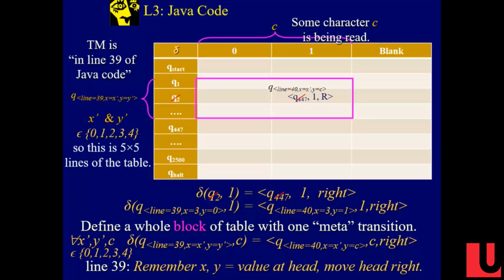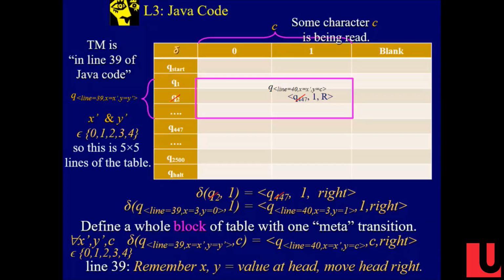So for every value of x prime and y prime, I'm going to have a state like this. I'm naming my states. And then you're going to say, well, I'm in this state. I read some character C. Well, what state do I want to be in next? Well, what line should it be? If I'm in line 39, what line will I be in next? I'll be in line 40.